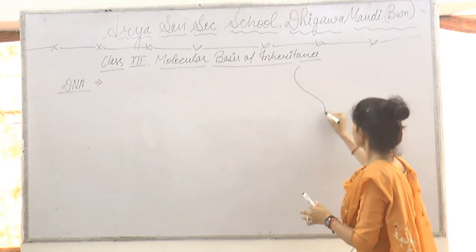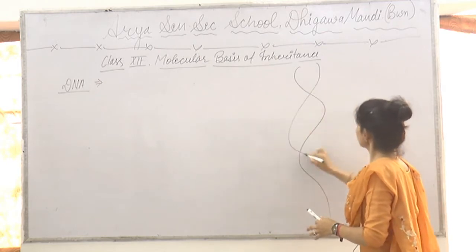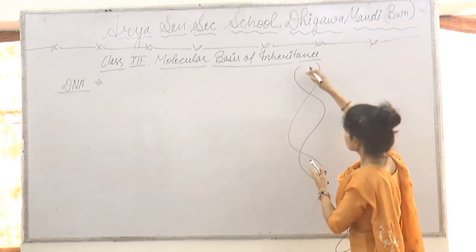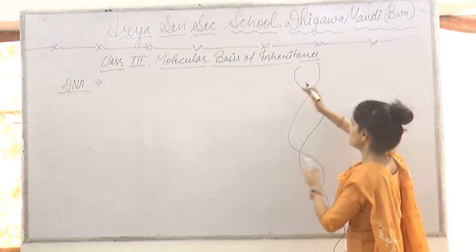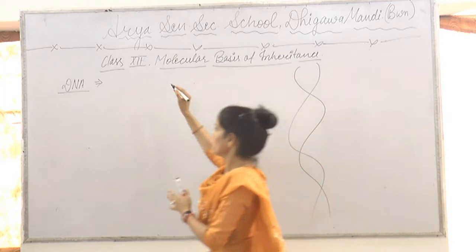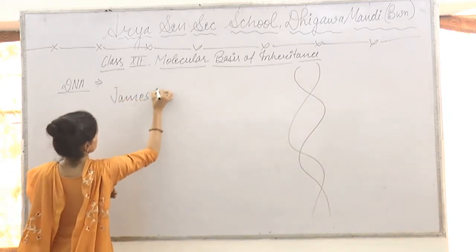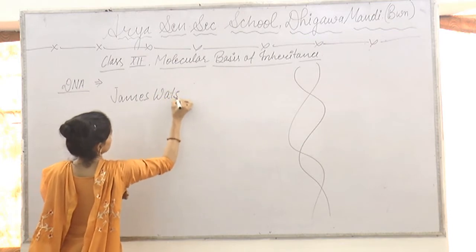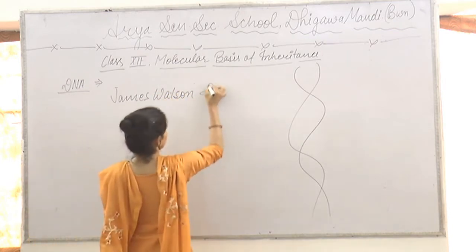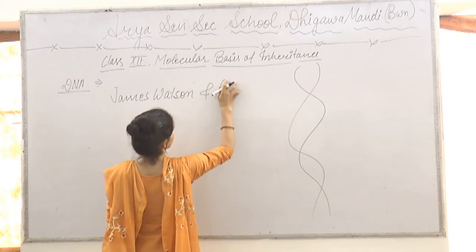So let's start. This is the DNA, and this is the double helical structure, proposed by James Watson and Francis Crick.